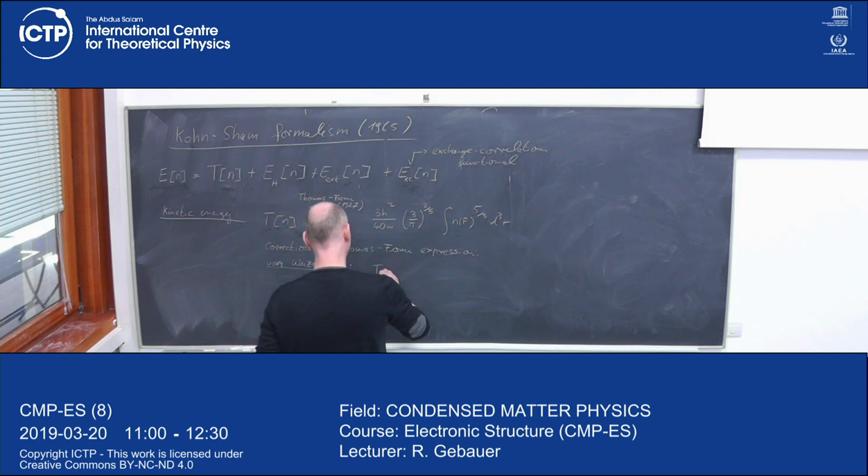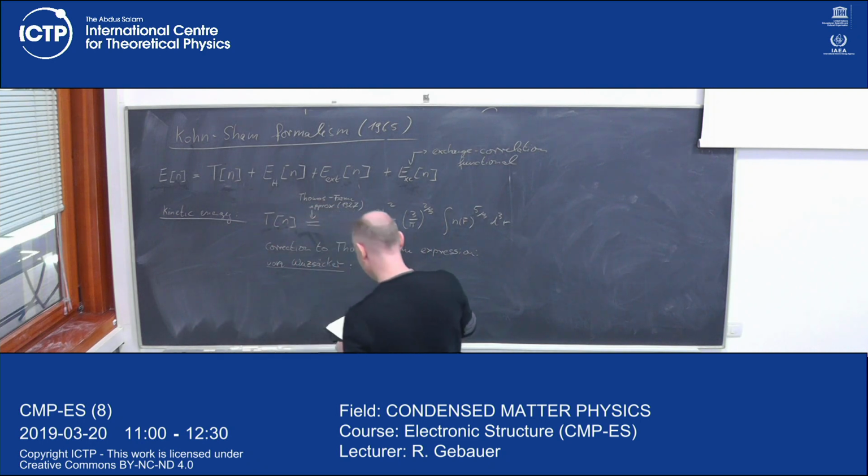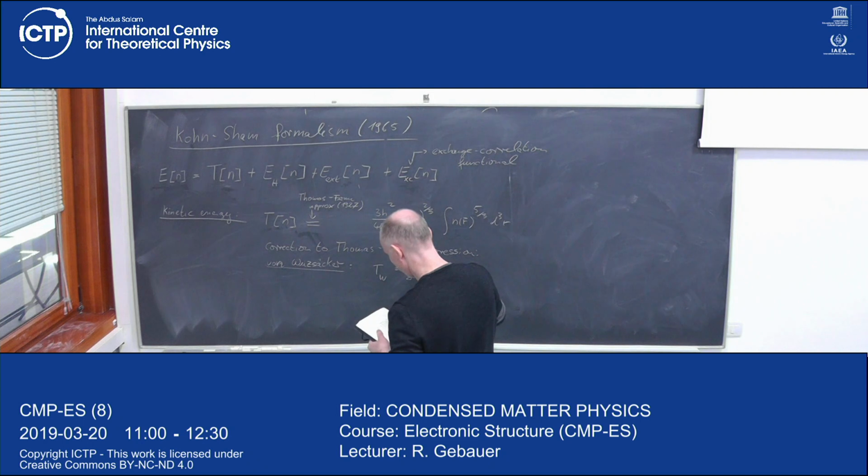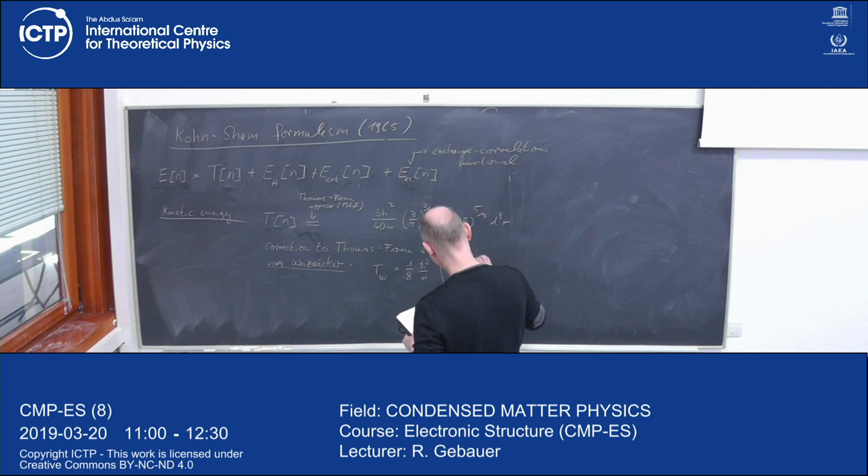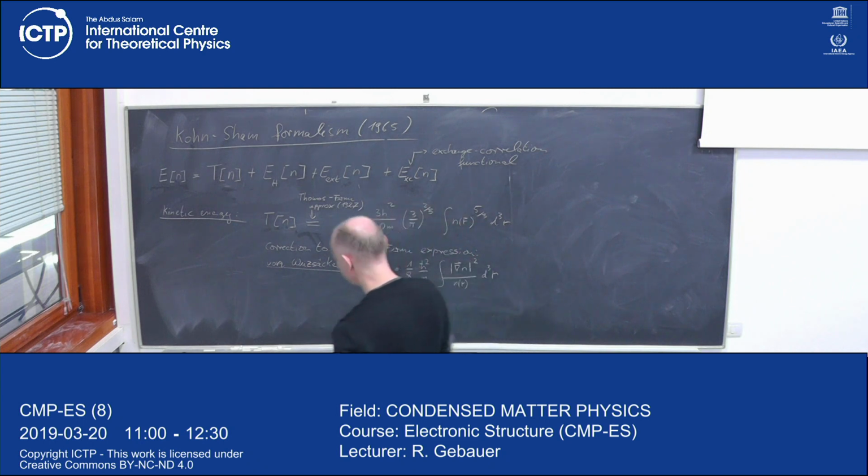So the von Weizsäcker kinetic energy term is 1/8 ħ squared divided by m, and then he also added the gradient of the density squared divided by n of r, and you integrate also this over all space.